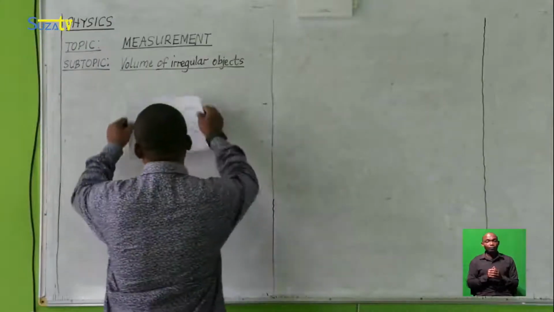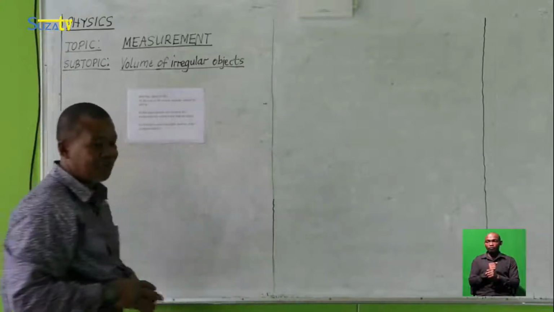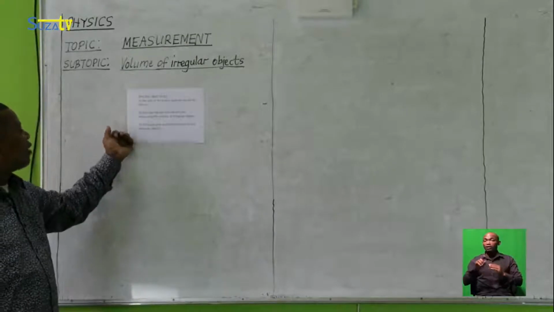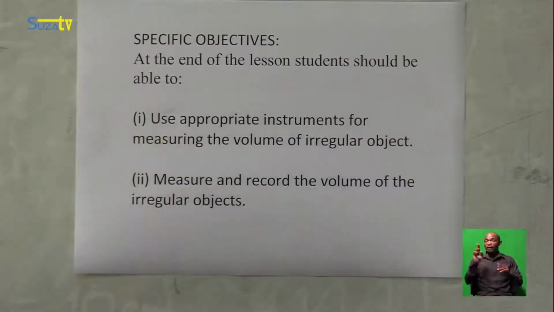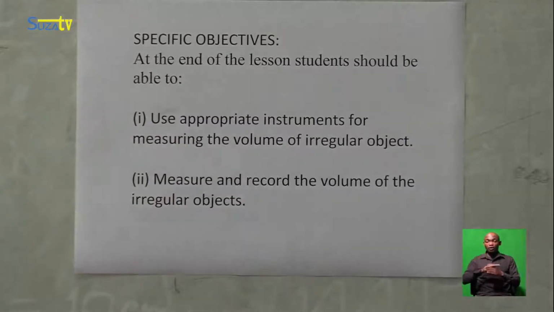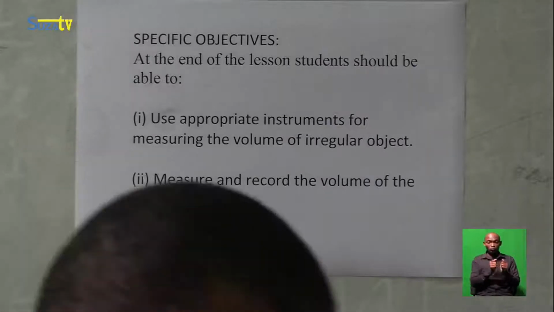Okay, now we have our specific objectives for today's lesson. We believe that at the end of our lesson, we have to use the appropriate instrument that we have in front of you for measuring the volume of the irregular object, like a stone.